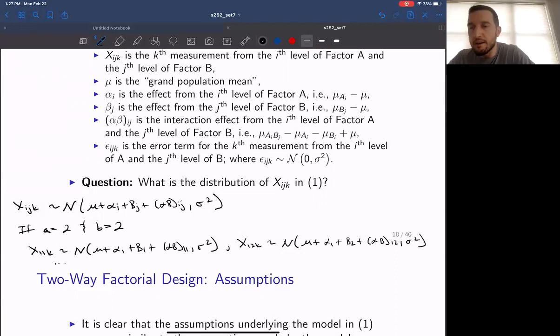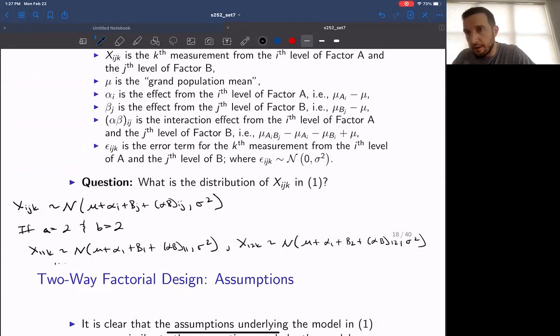This is really not all that different from a one-way ANOVA. In a one-way ANOVA, we're just saying every value has its own mean, but they're all normal and they all have the same variance. In the two-way ANOVA, we're saying the exact same thing: every value has its own mean, but that mean is influenced by the main effects and the interaction effects.